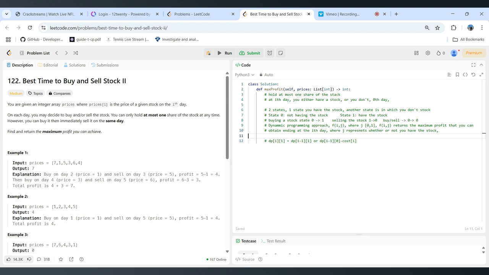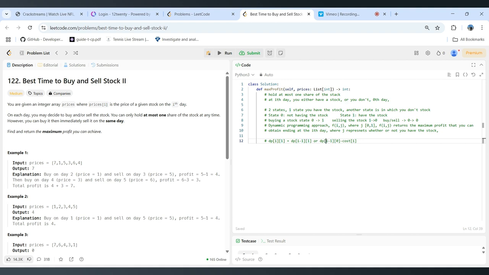Immediately, we can notice that dp[i-1][1] must be the maximum profit you can achieve on the i minus 1 day while having the stock. You can do this with simple reasoning: if it was not the maximum, then we could just take the maximum value, and dp[i-1][1] must therefore always be the maximum value.